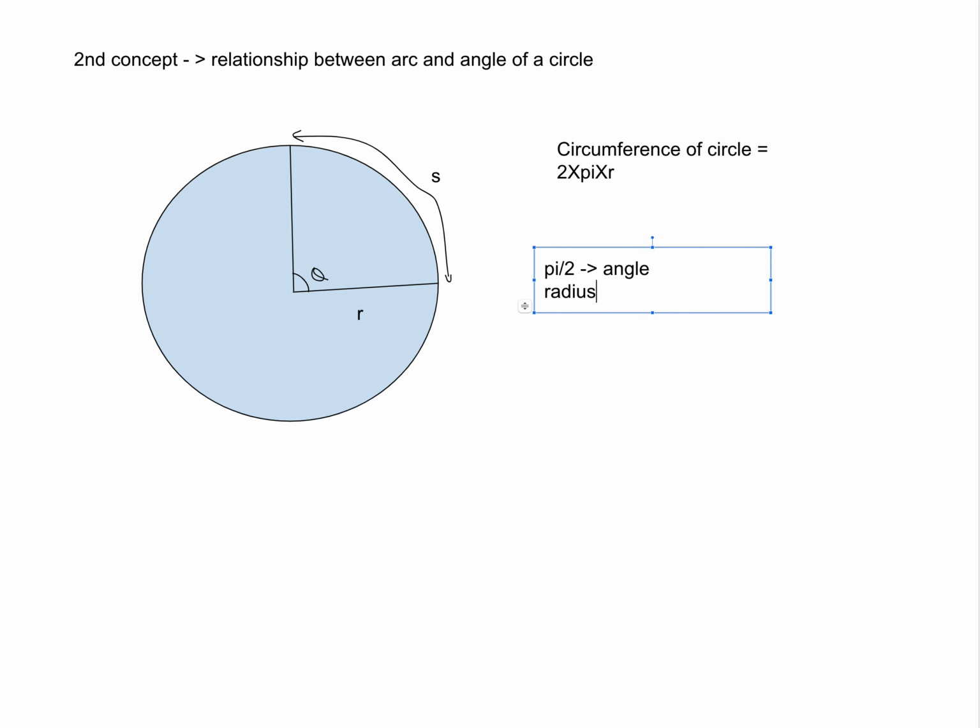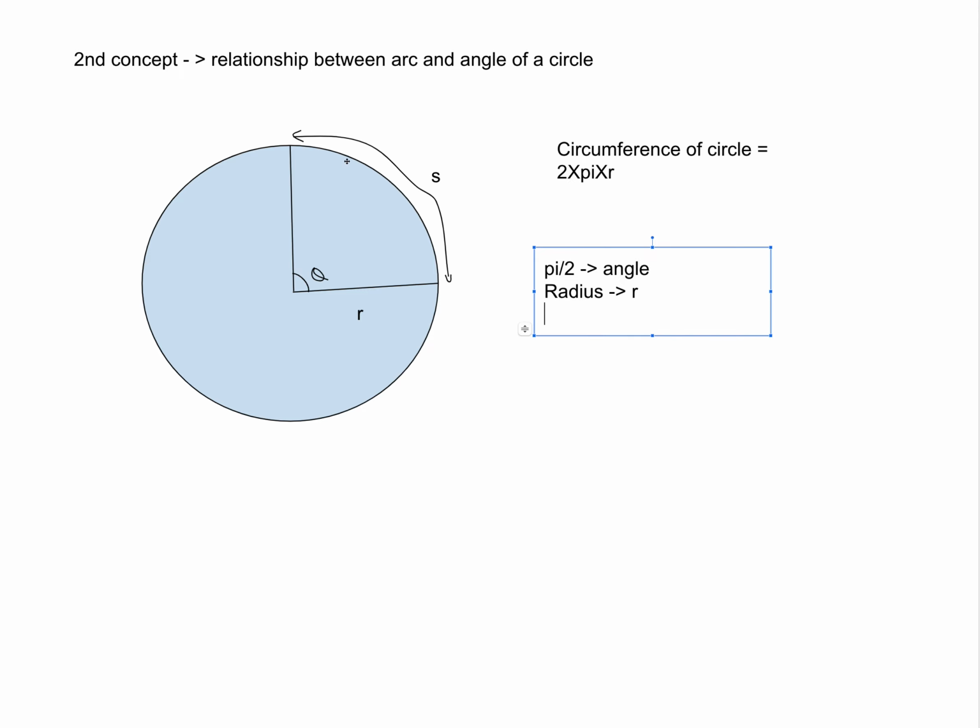The radius is, of course, r. It can be any value, it's a variable. And this part is a part of the circumference. This is not the whole circumference, and it is a 90-degree angle. So this is basically 1/4 of the circumference.